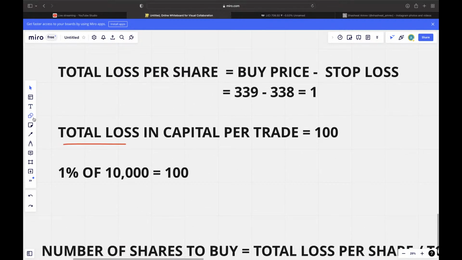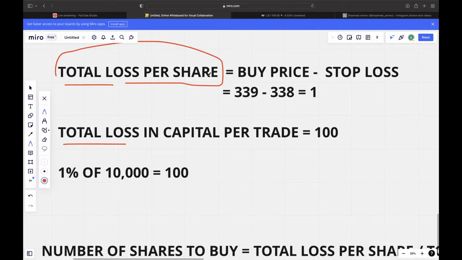Total loss per share. How do you calculate total loss per share? Buy price minus stop loss. Subtract stop loss from buy price. So I am buying at 339, and my stop loss is at 338.